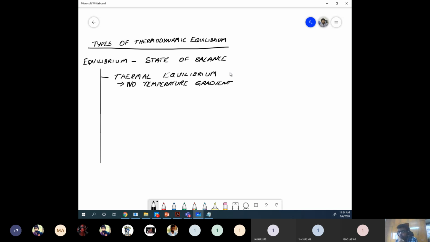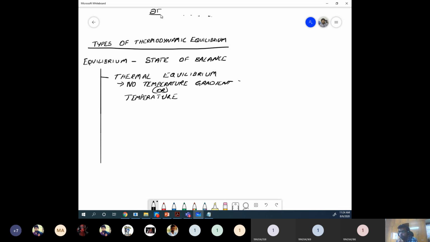We can write, temperature gradient is dou T by dou x. What this mathematical term dou T by dou x means is the change in temperature at different positions.